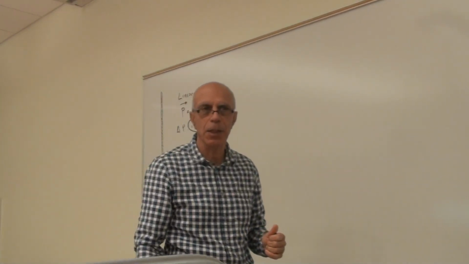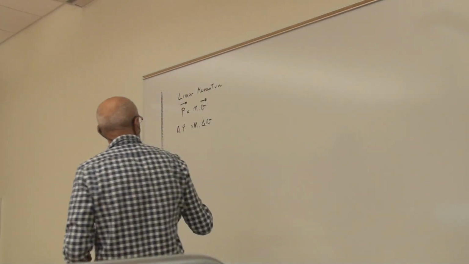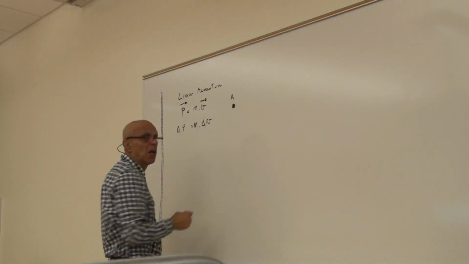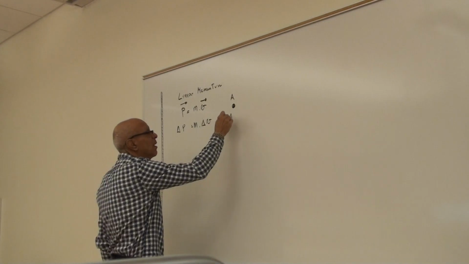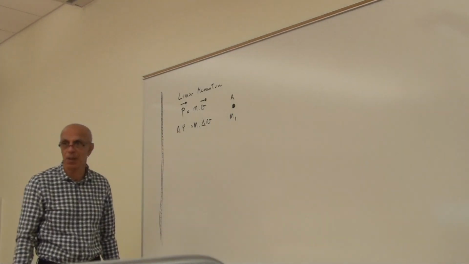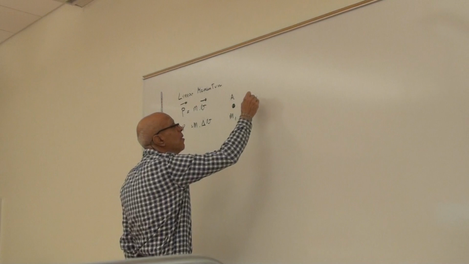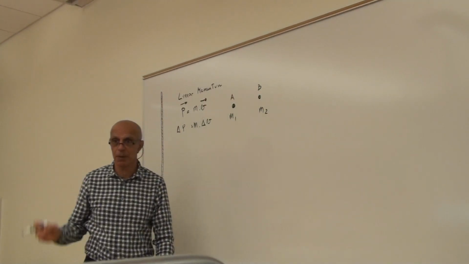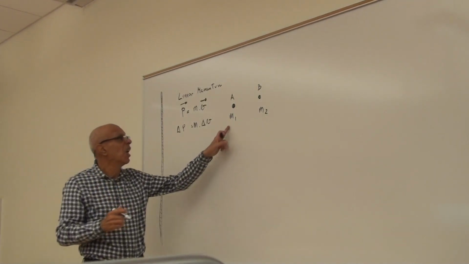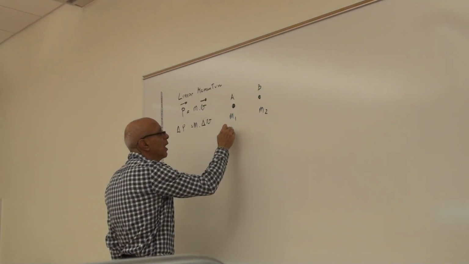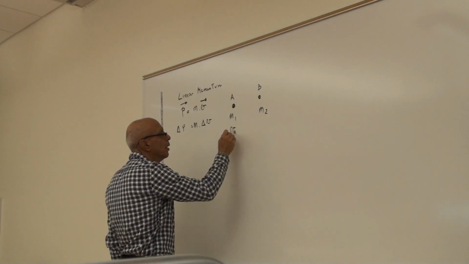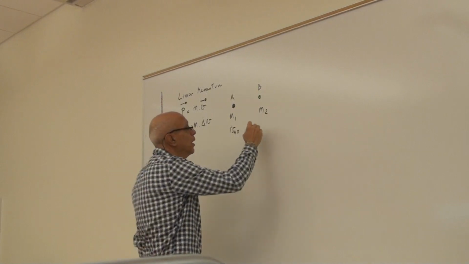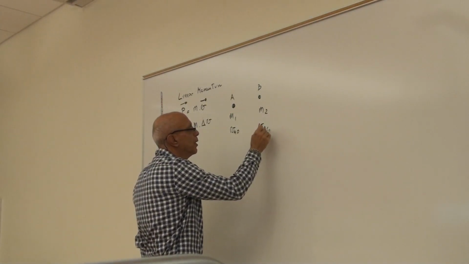So how's that? Let's say I have an object A. Object A has mass 1. And object B has mass 2. All right? Now, object A has initial velocity VA0. Object B has initial velocity VB0, right?